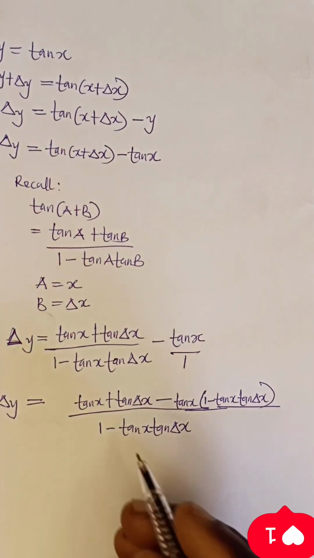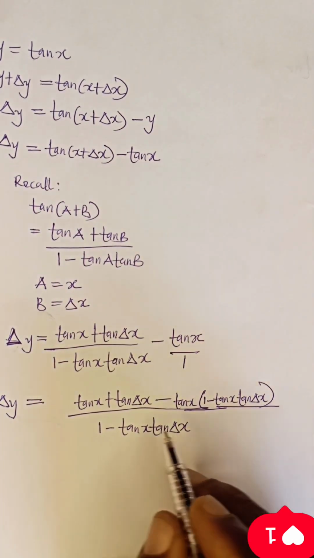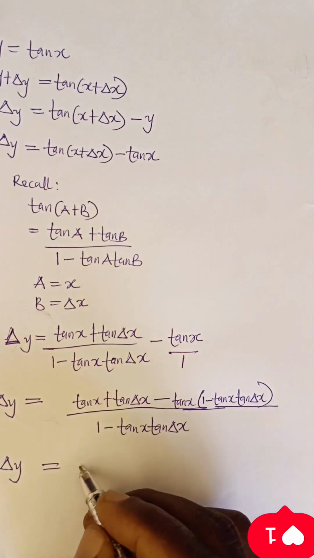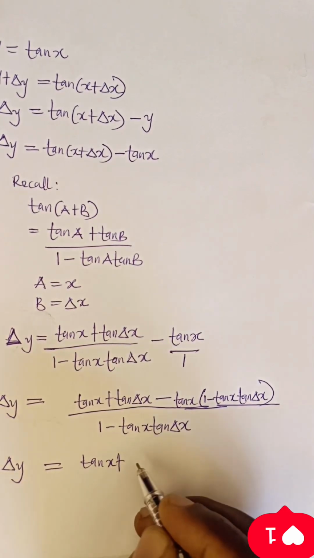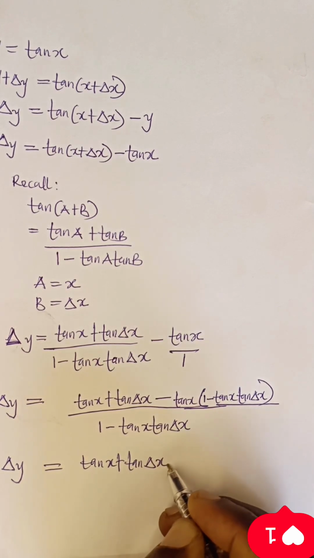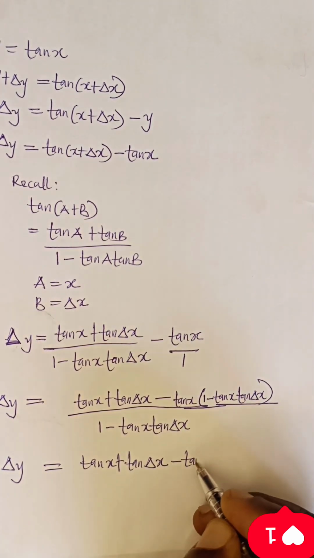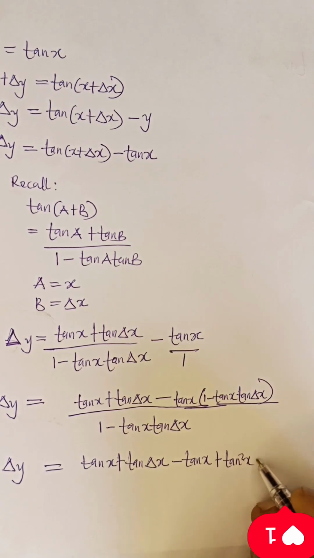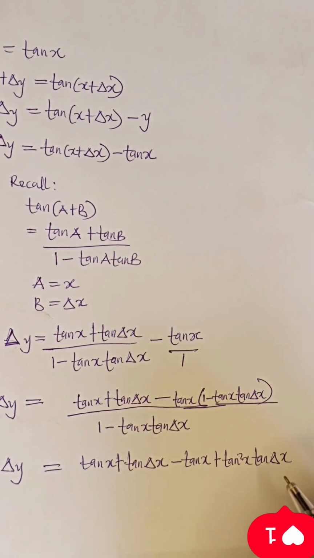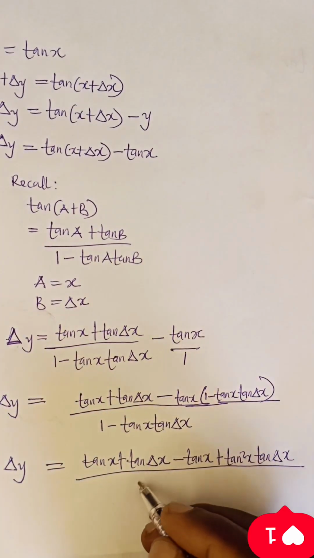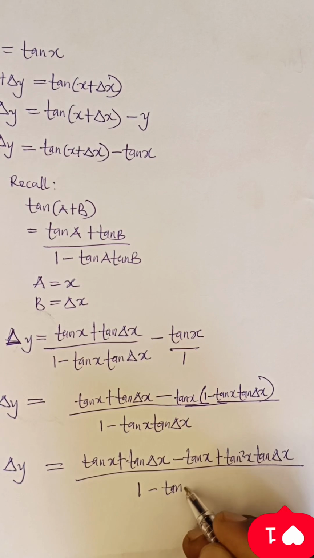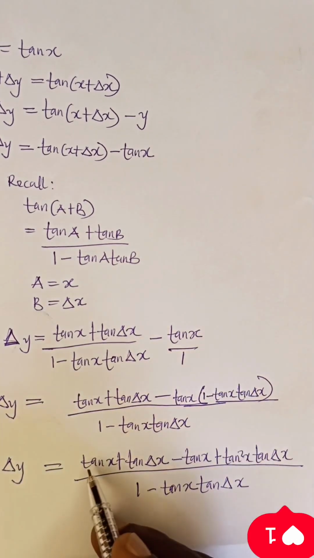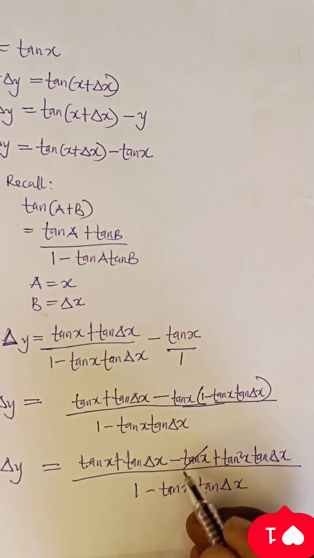So the next thing is that we open the bracket. So change in y is equal to tan x plus tan change in x minus tan x plus tan square x tan change in x, everything over 1 minus tan x tan change in x. We can see that we have tan x, so this one cancels out.